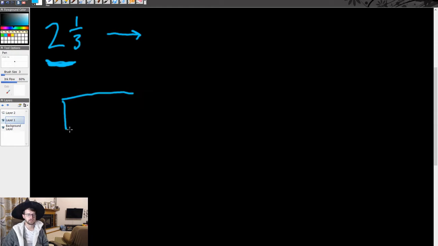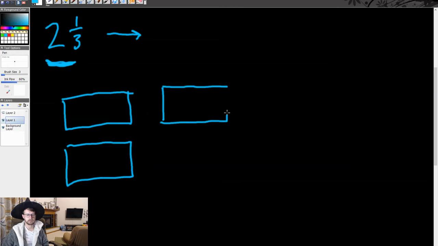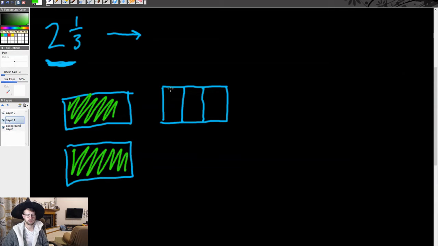So I have 2 1/3 here. I can draw my 2 wholes, and I can draw 1/3. Okay, I can shade those in. My 2 wholes here, and 1/3.